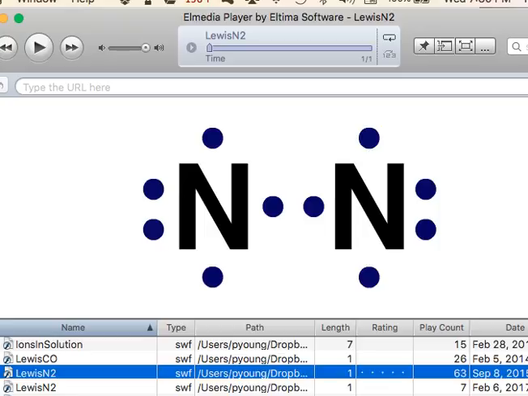We have these 2 electrons. Really, quite obviously, we're going to make a bond here, aren't we? That makes sense. We can share those 2. But that would give us 2, 4, 6 electrons on each nitrogen. That's 6, not 8.